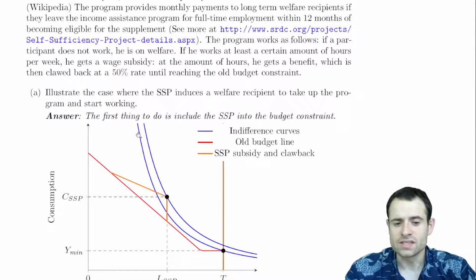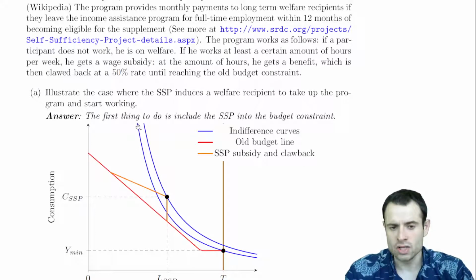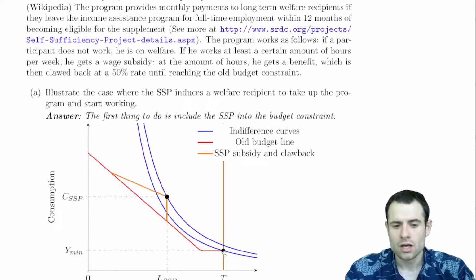Since eligible candidates for the SSP are individuals who were not working before, our individual initially is located here, where leisure is equal to full-time. Then, learning that he might become eligible for the SSP if he works a certain amount of time for a year, he can predict what his budget constraint is going to look like in the future.